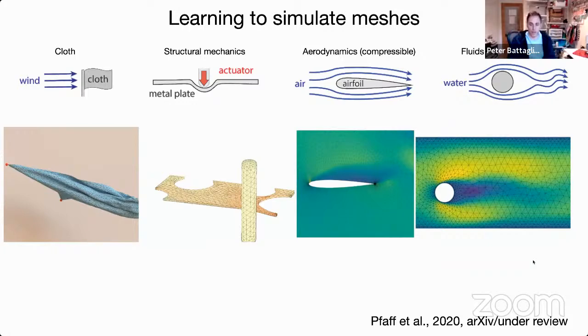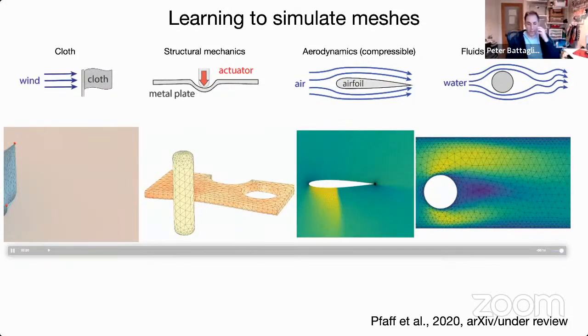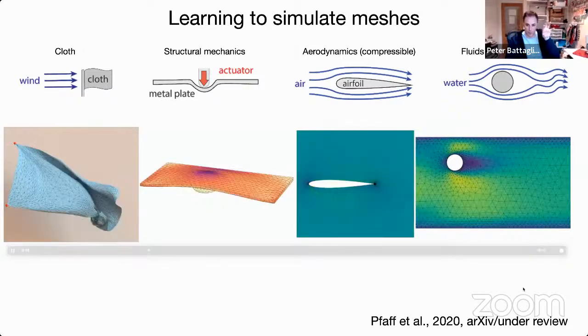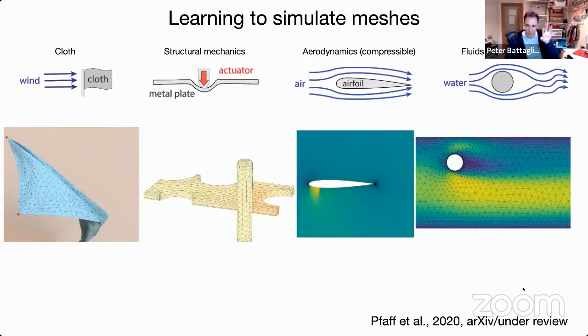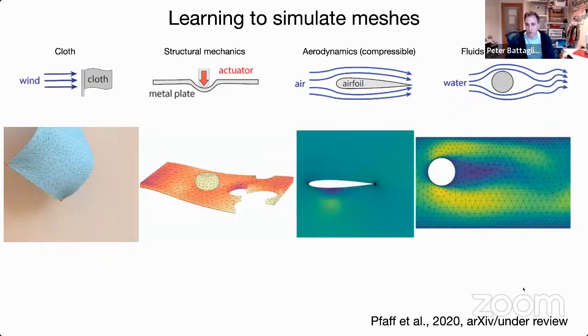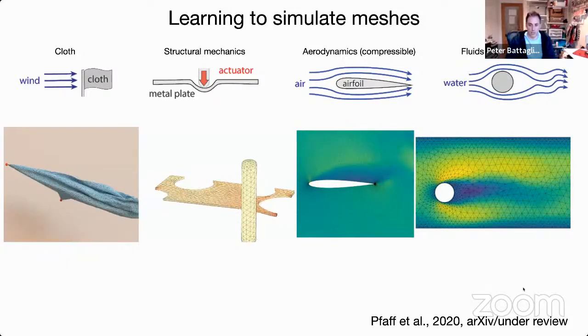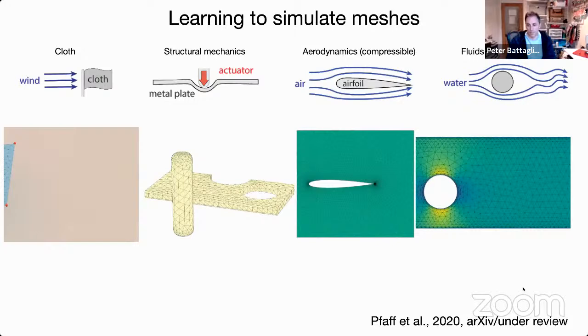The cloth on the left, let me try to play that video again. Yeah. So the cloth on the left is represented by a mesh. If you look closely, you can see a little spider web of vertices and edges that represent this cloth. We also have a structural mechanics dataset that we built, simulated by COMSOL, which is a structural mechanics simulation tool.